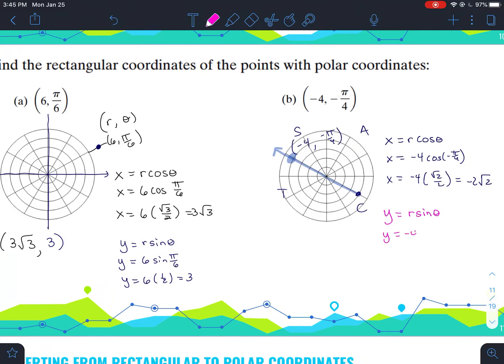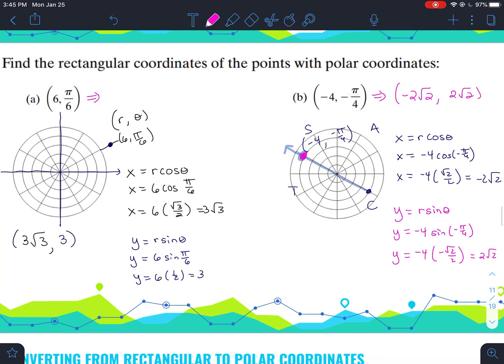So y is going to equal negative 4 times the sine of negative pi over 4. Sine is going to be negative there. So y is going to equal negative 4 times negative square root 2 over 2, which gives me positive 2 square root 2. So this point in rectangular form would be negative 2 square root 2, positive 2 square root 2.